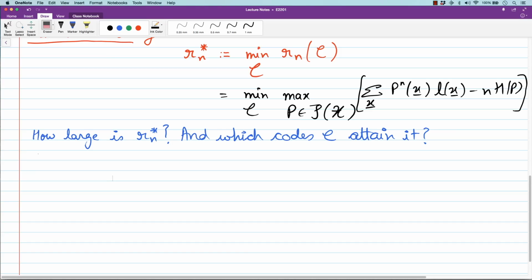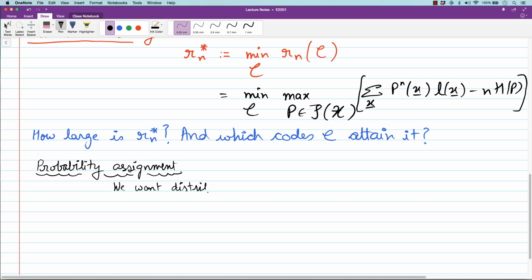In order to answer this question about how large this Rn star is, we will introduce a slightly different problem, namely that of probability assignment. And we will see how this connects to the problem of characterizing this min-max redundancy Rn star. So in this probability assignment problem, we want distributions Qn. These are not necessarily IID distributions.